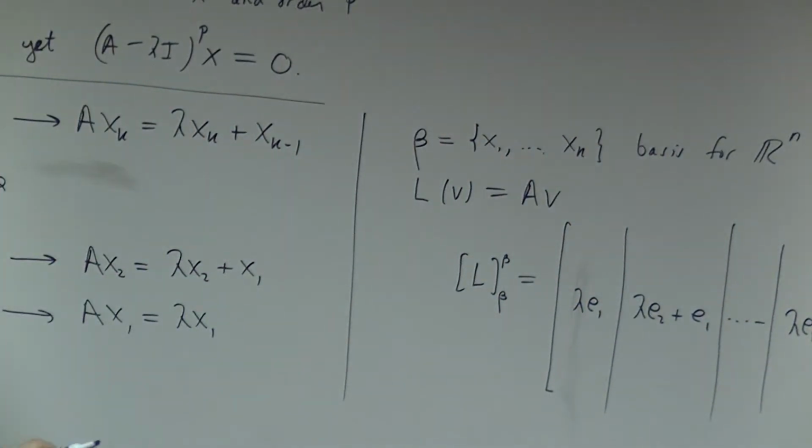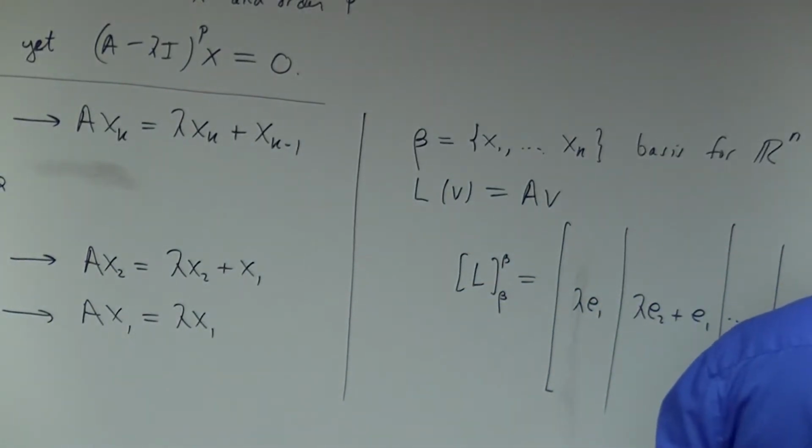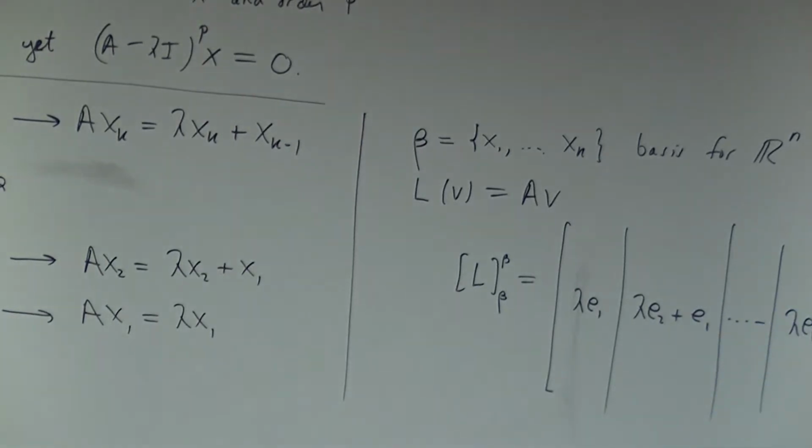And if you write that out with ones and zeros, what do you got? You got lambdas down the diagonal, and you have a superdiagonal of ones. In the second column, you have a 1 here. That's e1. And all the way down to the kth one.